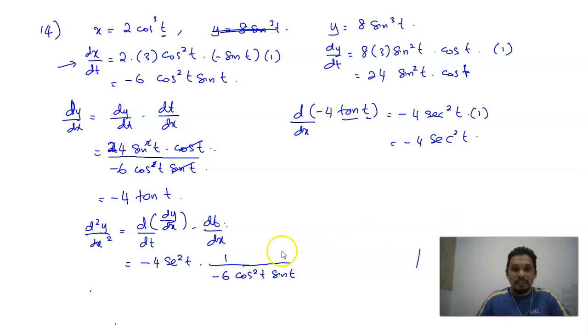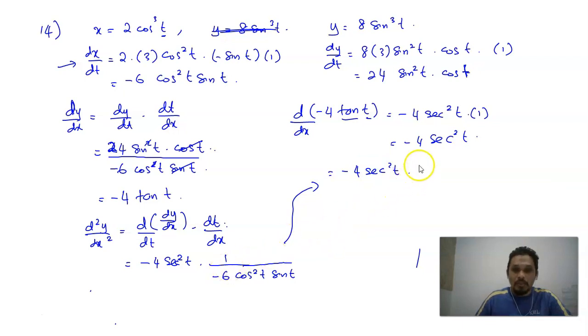Okay, and what about this one here now? If I bring it up here, you come up with negative 4 secant squared t, where secant is 1 over cos, so secant squared t is 1 over cos squared t.